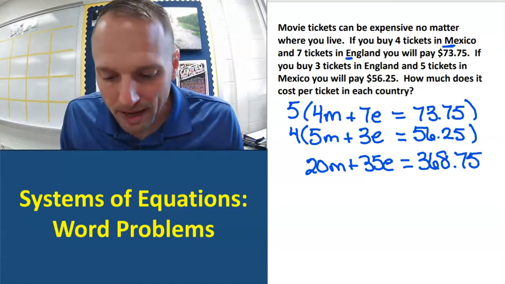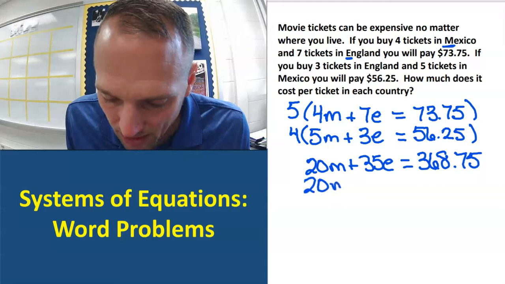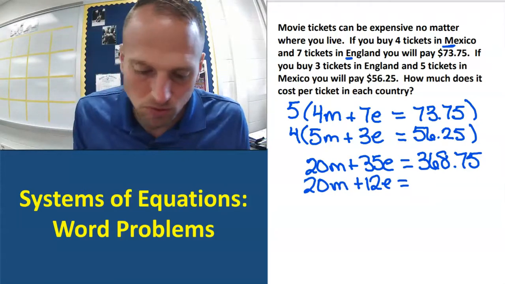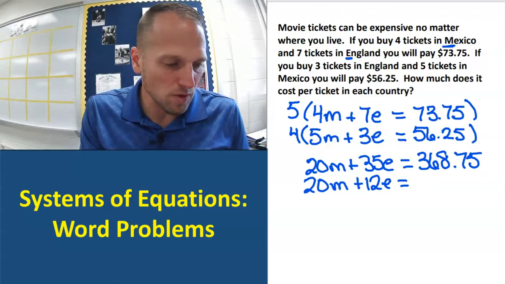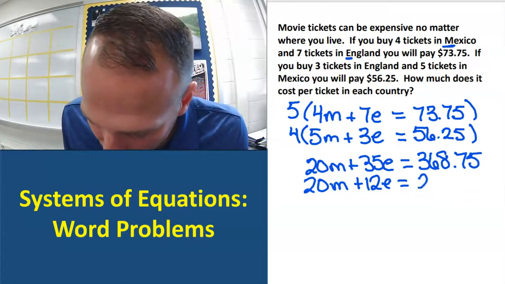Now let's do the bottom equation. So 4 times 5, that's going to be 20m plus 12e equals 56.25 times 4 is going to be $225.